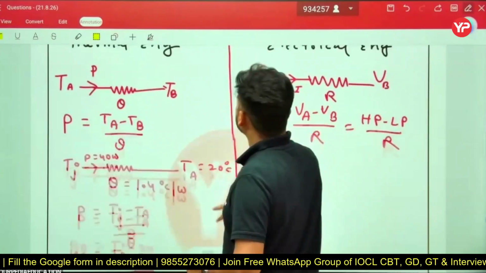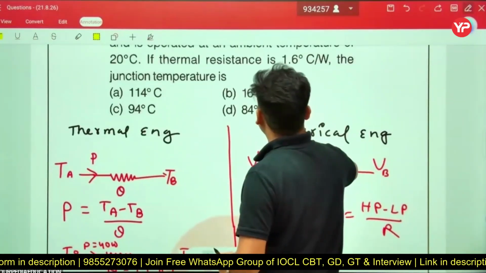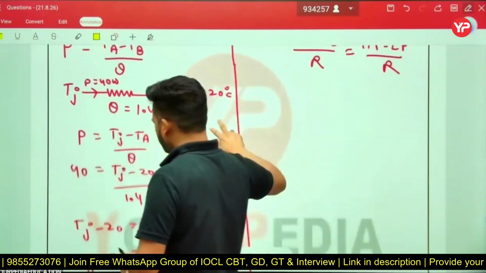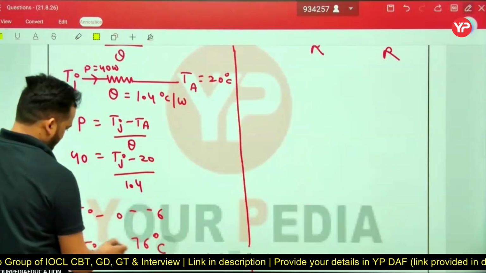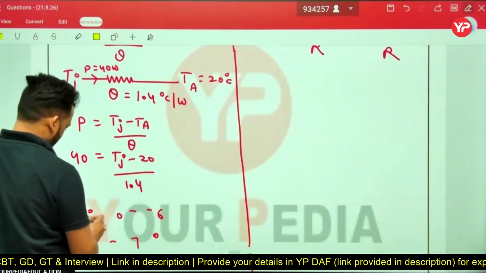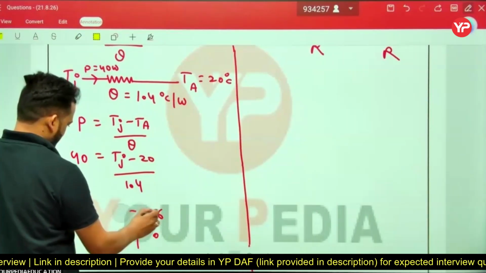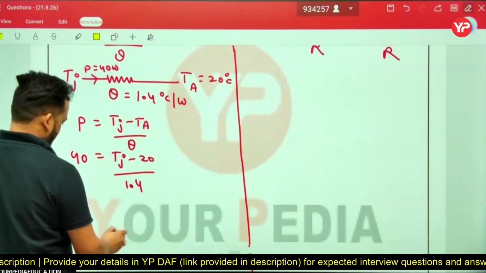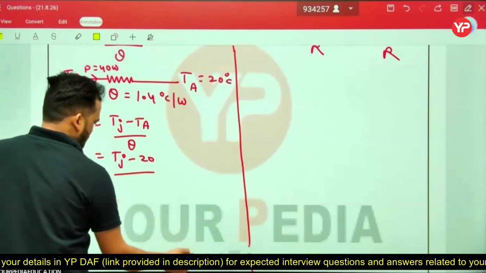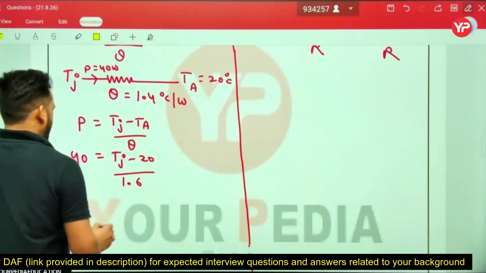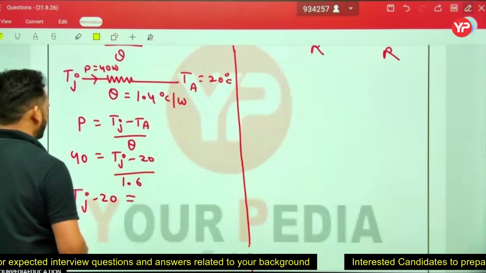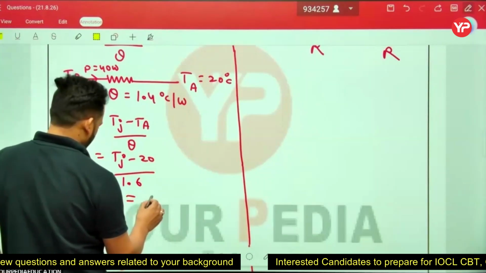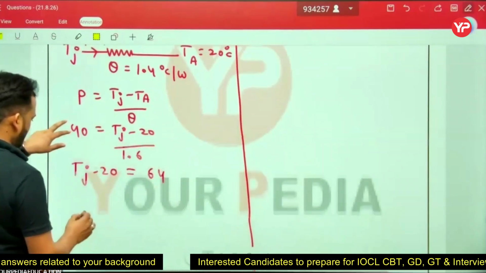What is the thermal resistance? Okay, actually the thermal resistance is 1.6. Then Tj minus 20 equal to 64.